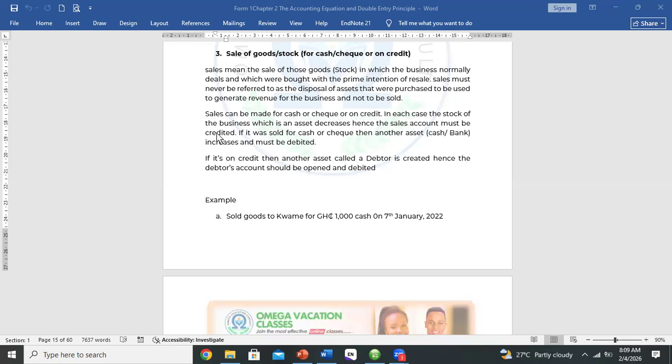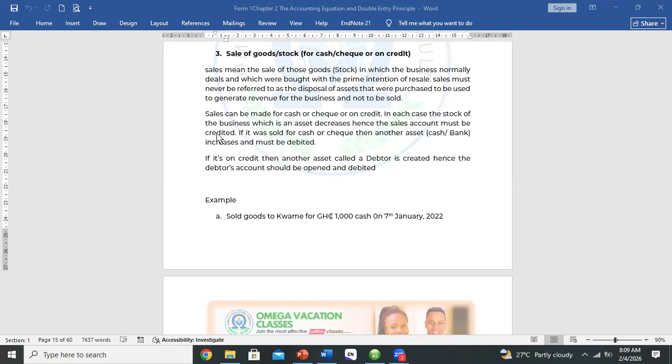So if a business was set up to sell shoes, then anytime the business exchanges shoes for money, it is called sales. So if a business was set up to sell shoes and this business goes and sells a fridge, that cannot be called sales, because that fridge would have been an asset, bought to be used in the business, not with the intention to sell to make money. So please know the meaning of sales in accounting, right?